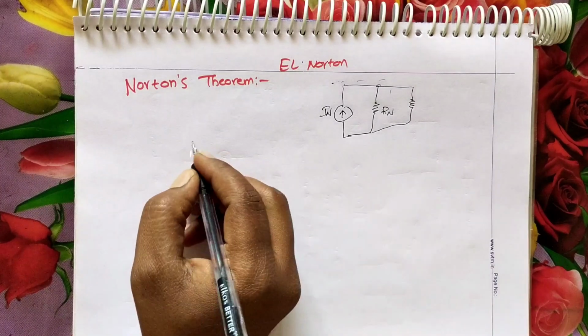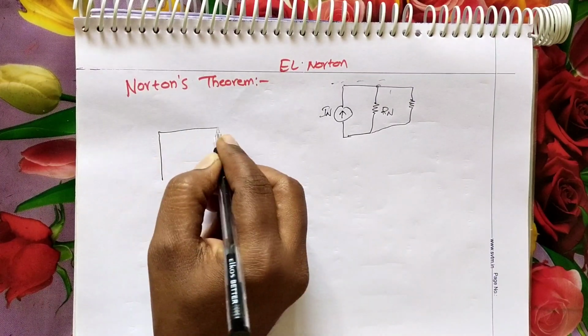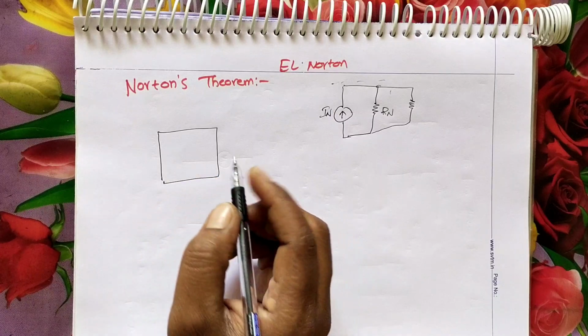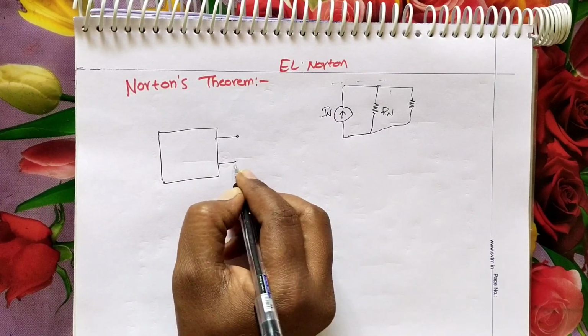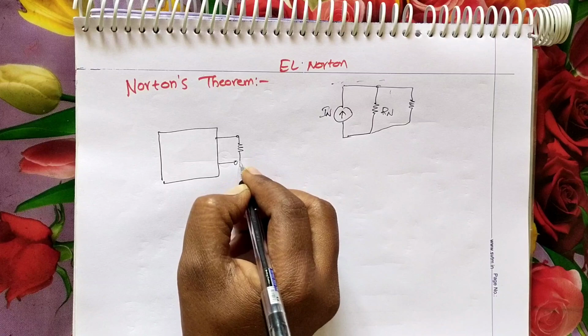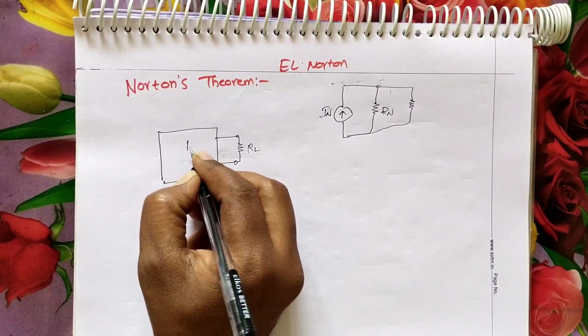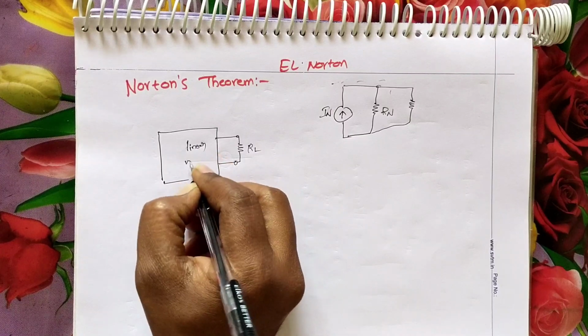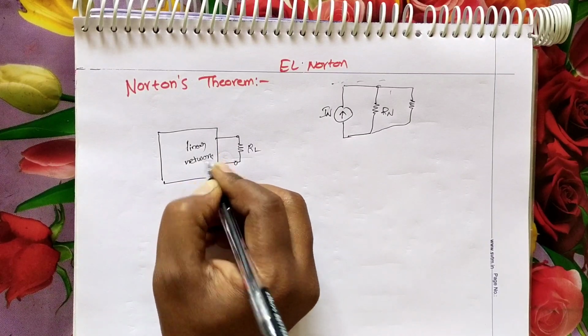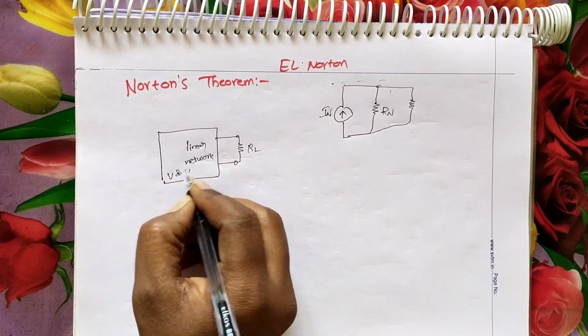Whatever the linear network, suppose the total network lies between the terminals A and B, where we want to measure the current, that may be assumed as the load. It is known as a linear network with voltages and currents.